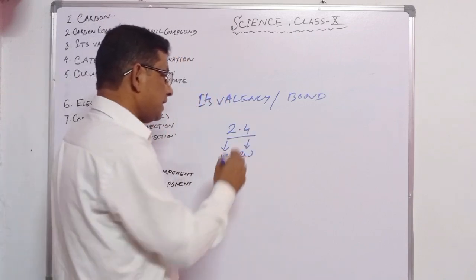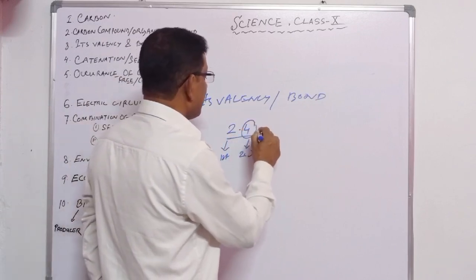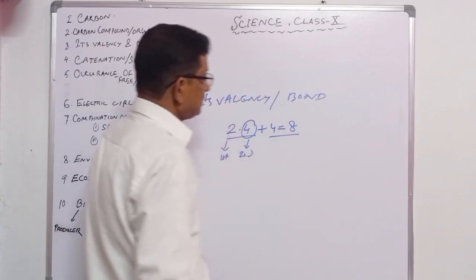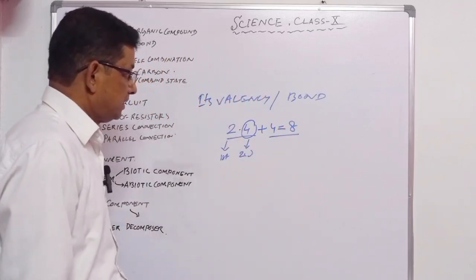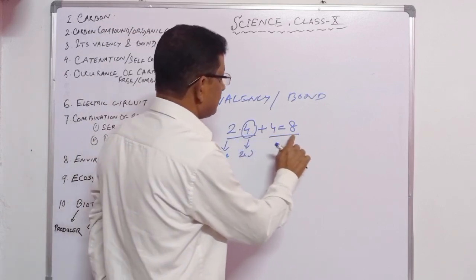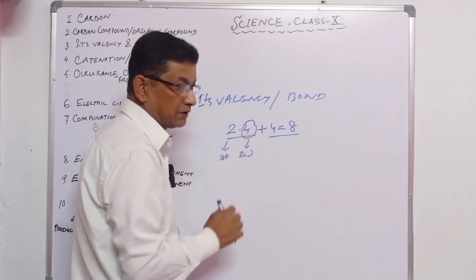So to get an inert gas structure, we need another 4 electrons. But it is not easy to remove the 4 electrons of the outer orbit of carbon.